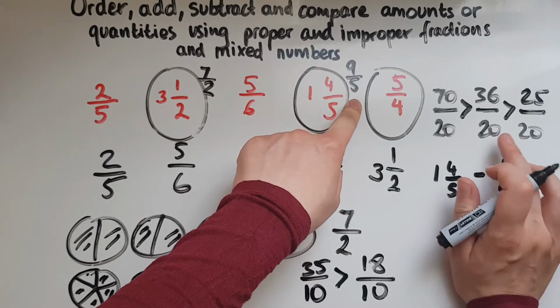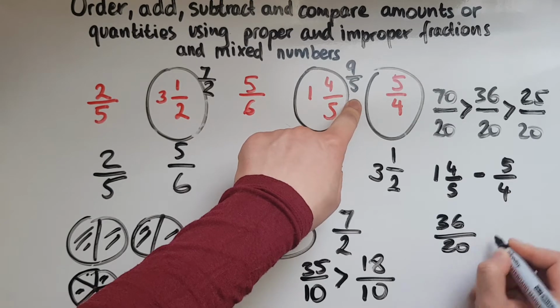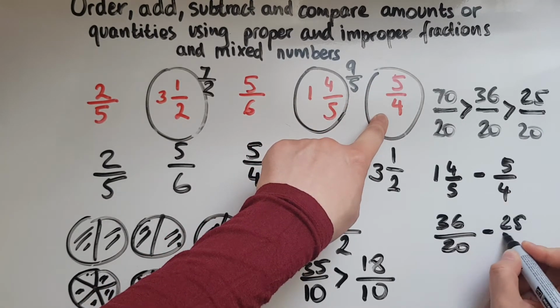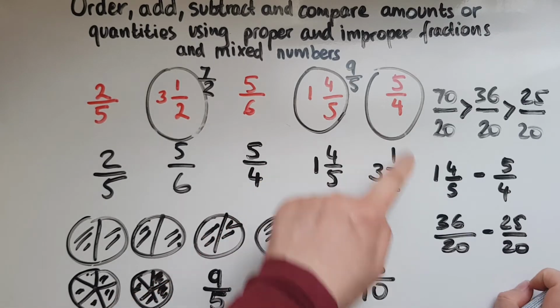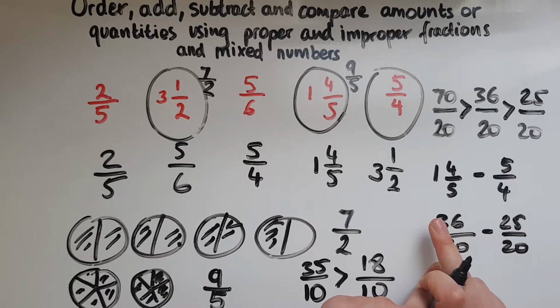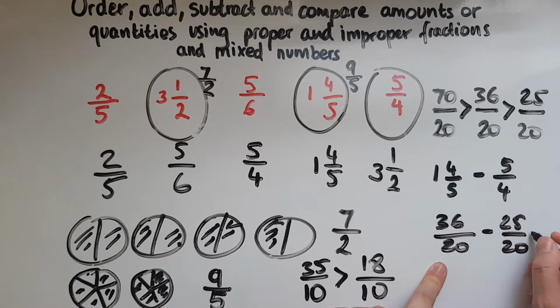So 9/5 was 36 out of 20, and 5/4 was 25 out of 20. So that is easy to take away now, because all you need to do is 36 take away 25, and that gives us 11 out of 20.